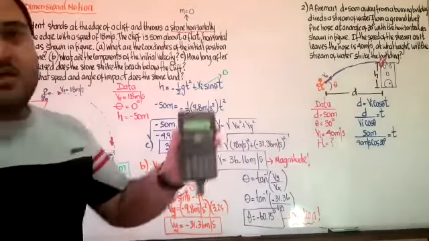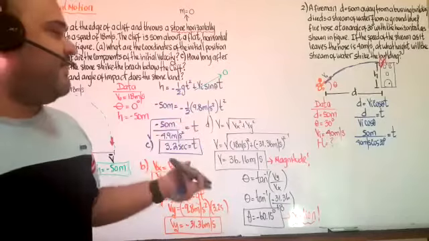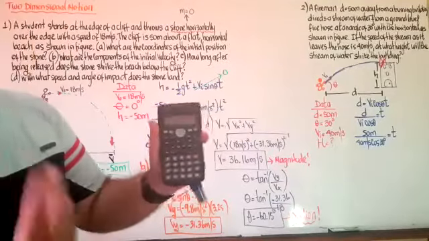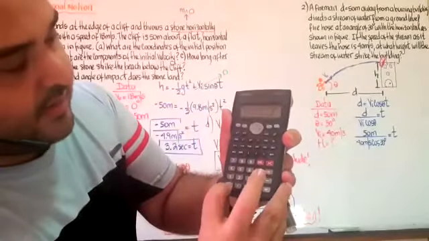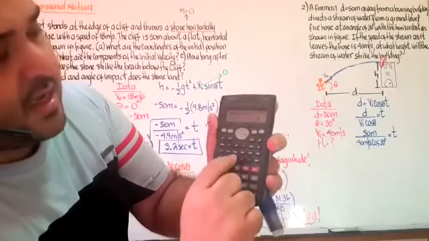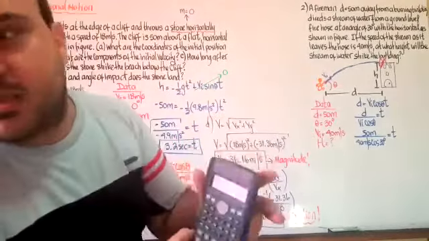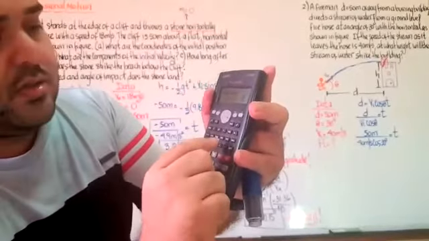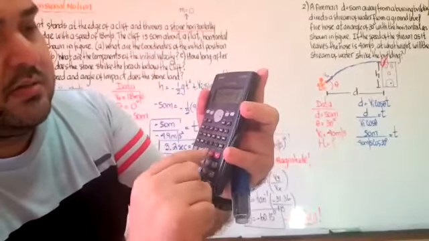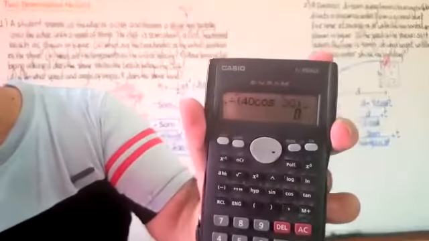Because this is a division, we copy 50 divided by an open parenthesis, because there's a product between them: 40 cosine 30 degrees, and close the parenthesis.